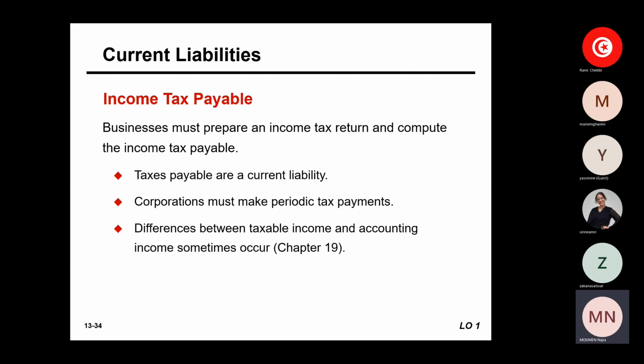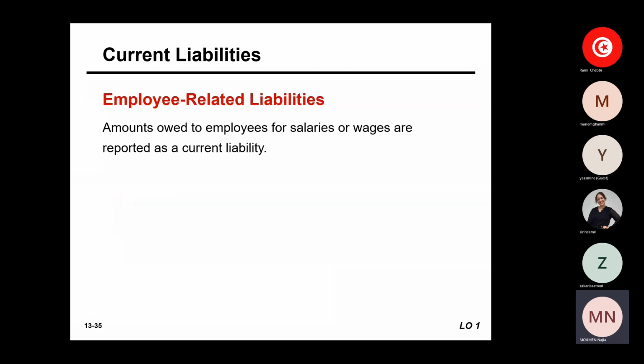So this is what I just talked about. When we talk about taxable income and accounting income, in most cases we have differences, and these differences will make the income tax payable amount different from the income tax expense that we measure under IFRS standards.